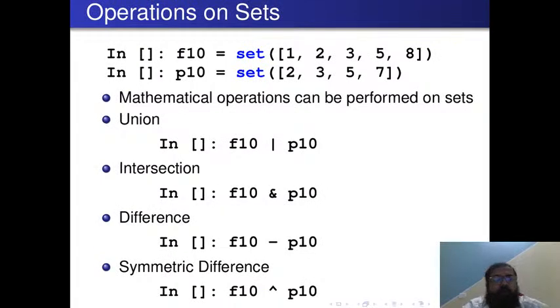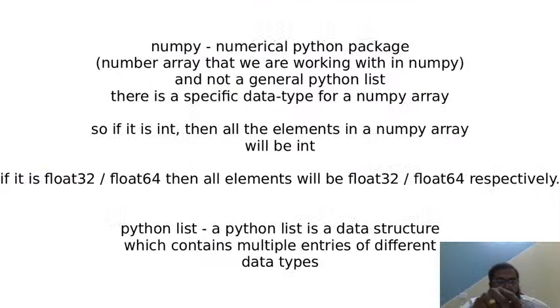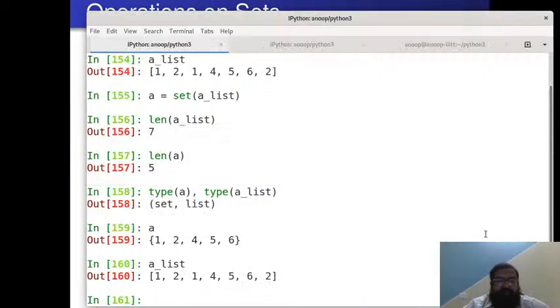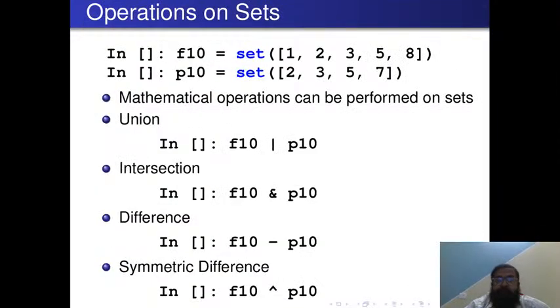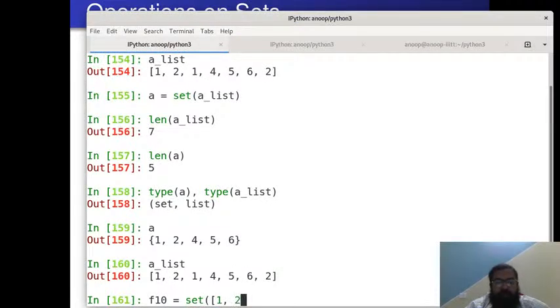Now let's try to look at the operations on set. Okay, if we have two sets, let's say f10 and p10, with f10 having values 1, 2, 3, 5 and 8, and p10 having the values 2, 3, 5 and 7. Let me create those two sets here also. f10 is equal to set of 1, 2, 3, 5 and 8.